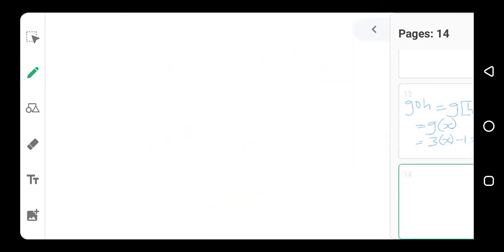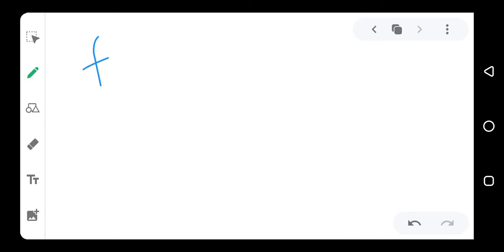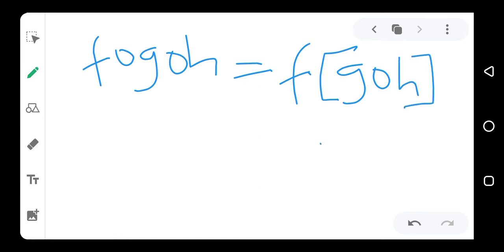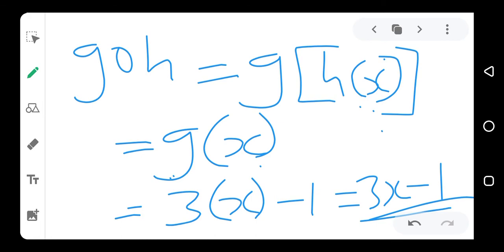Now we go to f of g of h. Now we have calculated g of h above, so we put the expression for g of h here and solve further.